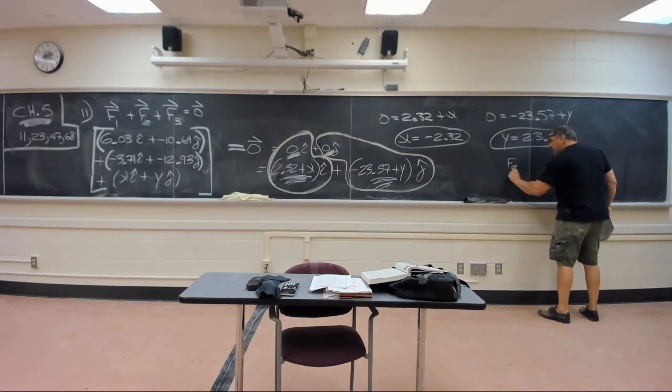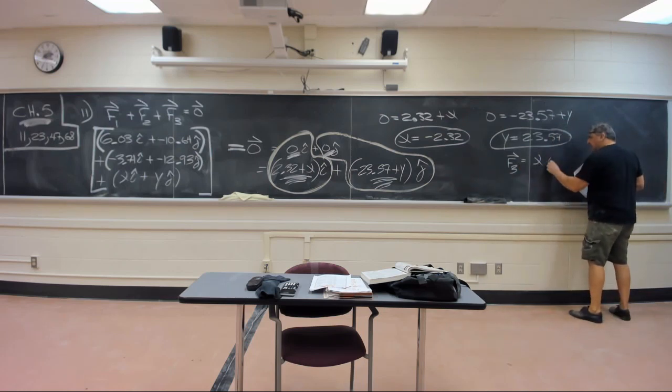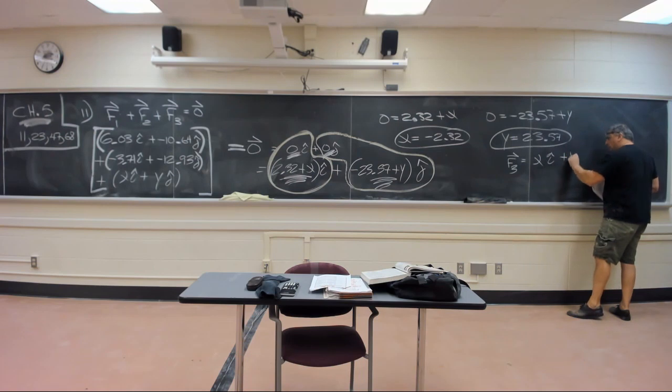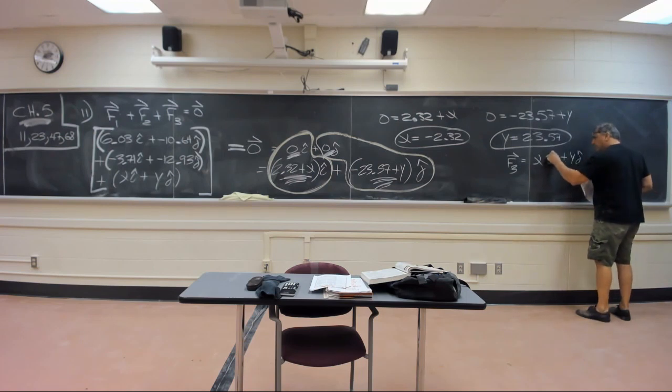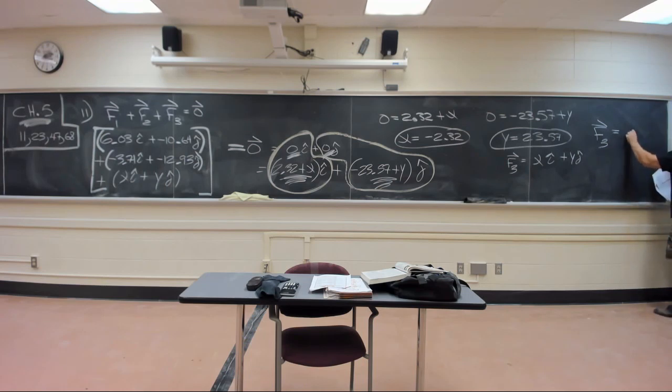F3 vector is x i hat plus y j hat. x is negative 2.32 i, and y is positive 23.57 j.